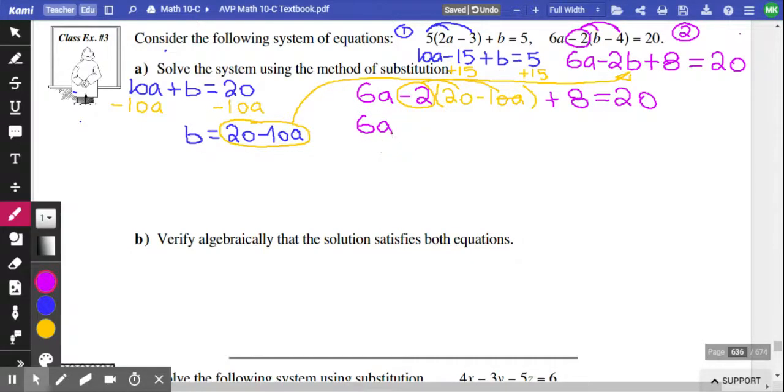Minus 2 times 20 is minus 40. -2 times -10a is now plus 20a. The plus 8 is still sitting over here, and the 20 is on the other side.